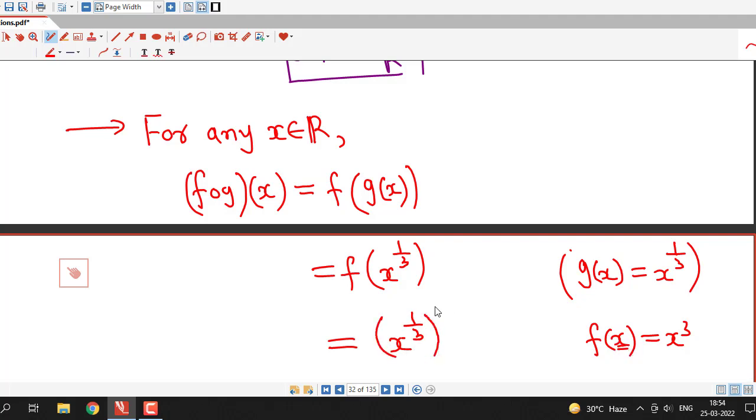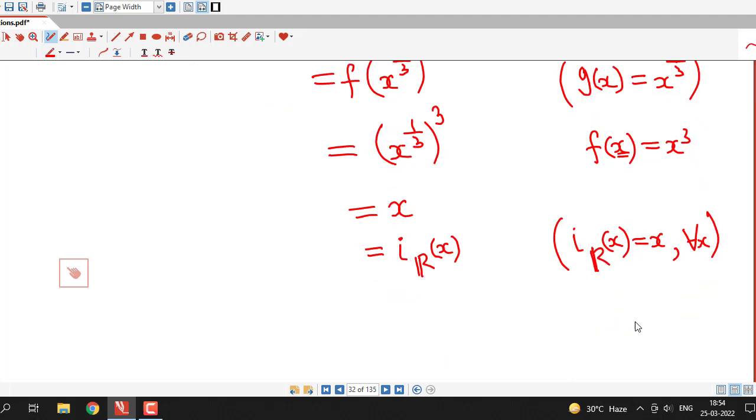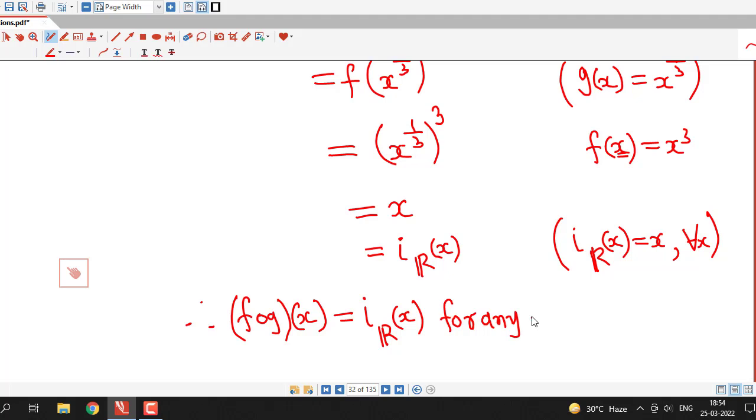Therefore we consider the third power of x raised to 1 by 3, and that is equal to x, which is also the value of the identity function at point x, because I_R(x) equal to x for all x. So here also we obtain the identity function. Therefore the value of fog at any point x is equal to the value of the identity function at any point x, and x is any real number.